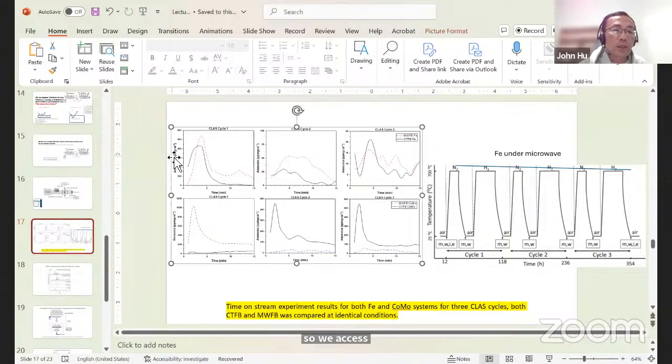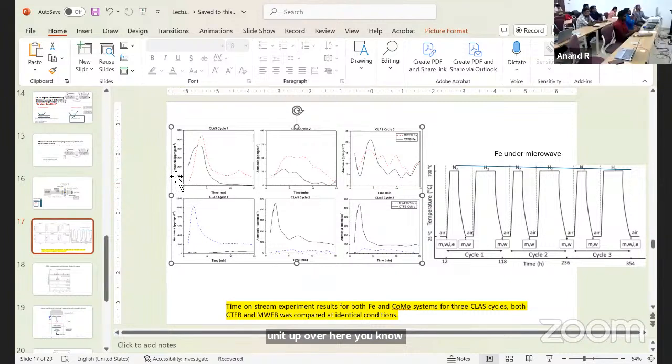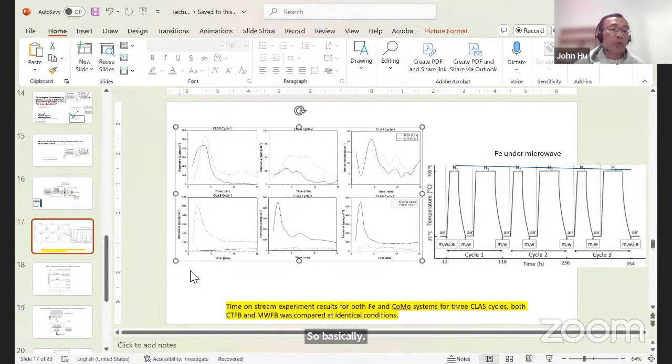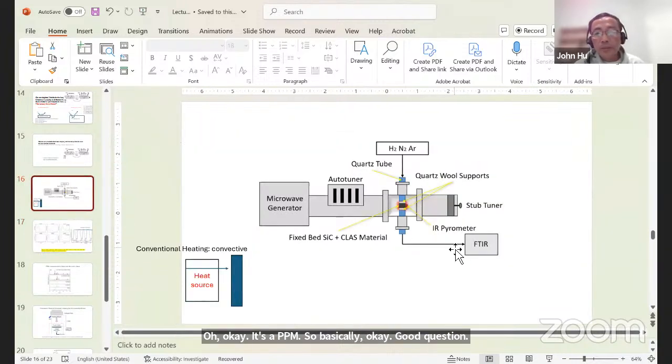It's ammonia concentration, it's ammonia produced. So okay, good question. This is the y-axis.